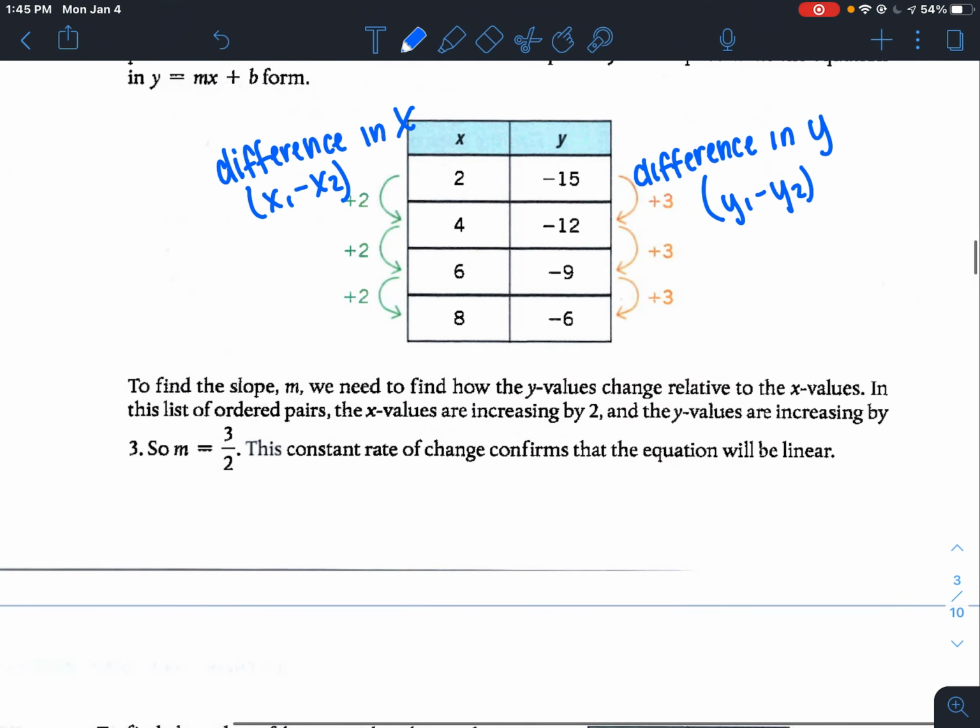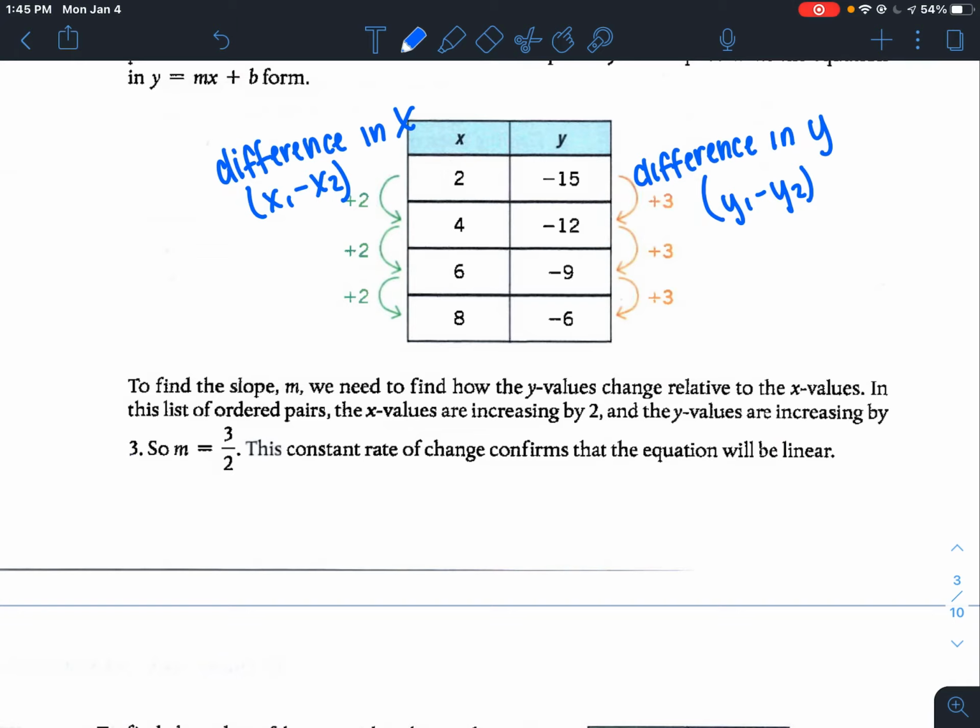To find the slope m, we need to find how the y values change relative to the x values in this list of ordered pairs. The x values are always increasing by 2, and the y values are always increasing by 3. So my slope is going to be the y's over the x's, so 3 over 2.